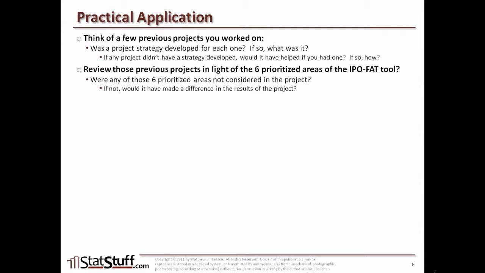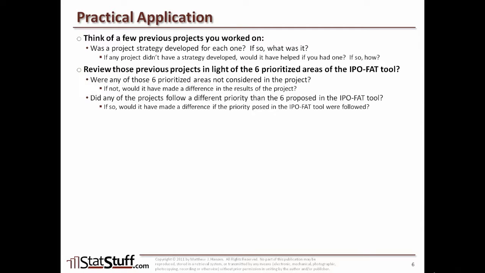So if they were not considered, then would it have made a difference in the results of the project if you had considered some of those areas that were missed? And also, did any of the projects follow a different priority order than the suggested one that was a part of the IPO FAT tool? If they followed a different order, then again, would it have made a difference if you had followed the suggested order instead that's a part of the IPO FAT tool?